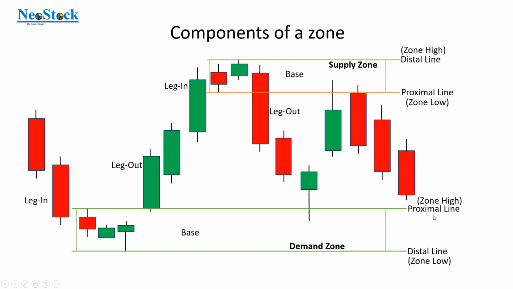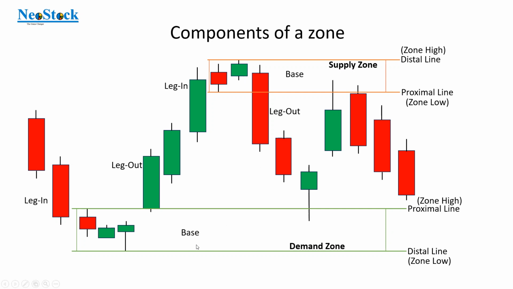But still, your zone high and zone low remain constant. They cannot be changed. That is the reason why in the reports generated by the Neostock software, we use zone high and zone low. But using the concepts you will learn in the upcoming sessions, you can alter the proximal line and distal line according to your risk management. So this is a very important concept you should remember.